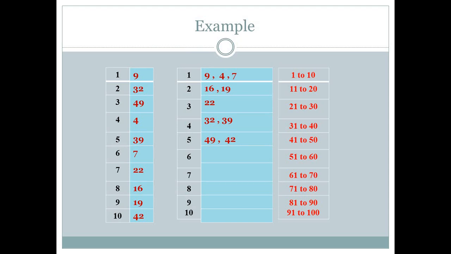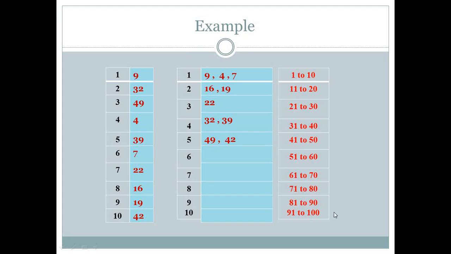Okay, so we can make our own buckets, means we can give our buckets ranges individually. So we have given our buckets ranges 1 to 10, 11 to 20, 21 to 30, 31 to 40, 41 to 50, 51 to 60, up to 91 to 100.